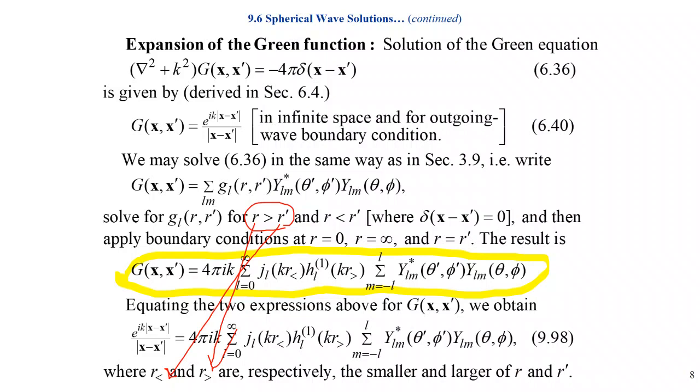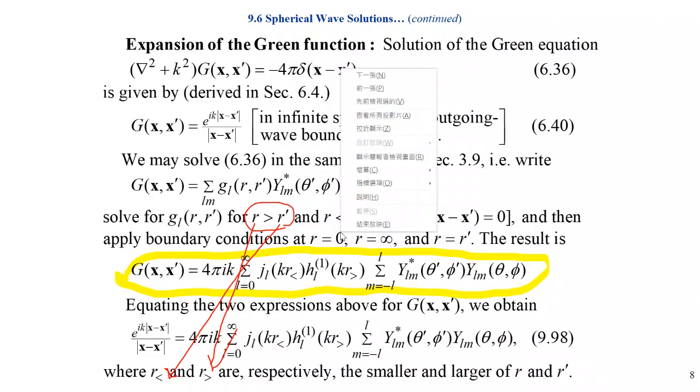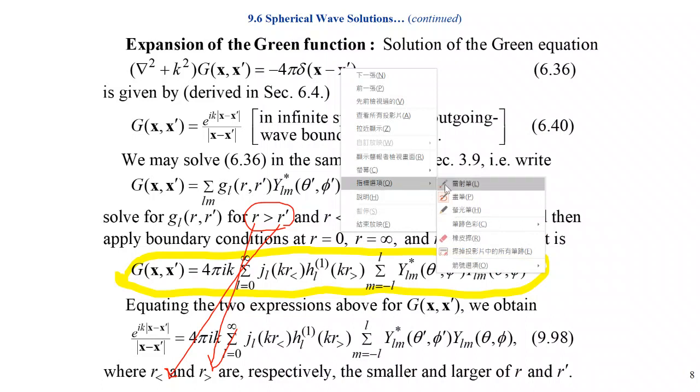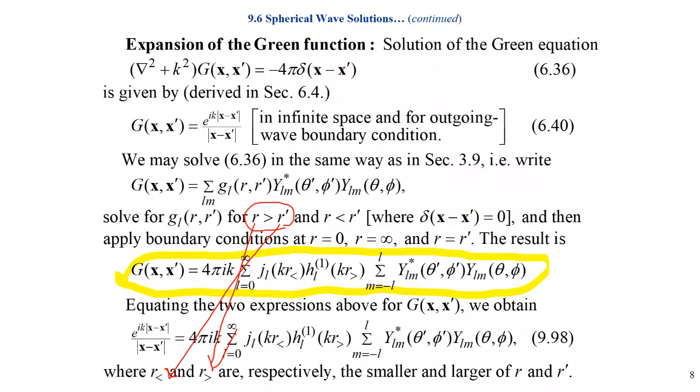On the other hand, for r smaller than r prime, greater becomes here and smaller becomes here.